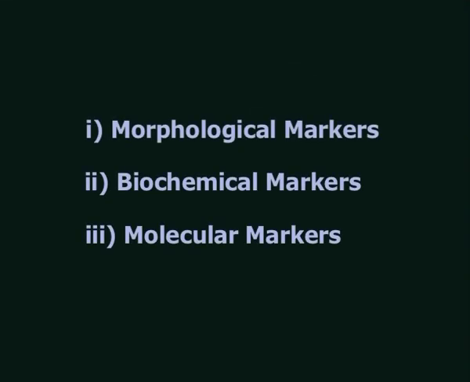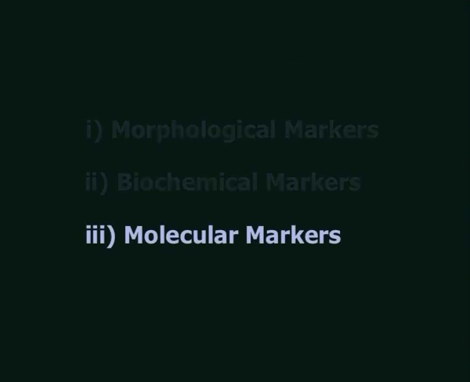We'll discuss molecular markers. Molecular markers are based on naturally occurring polymorphisms in DNA sequences. There are various methods to detect and amplify these polymorphisms so that they can be used for breeding analysis.